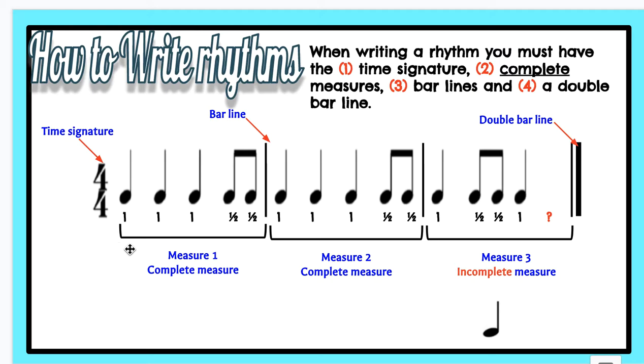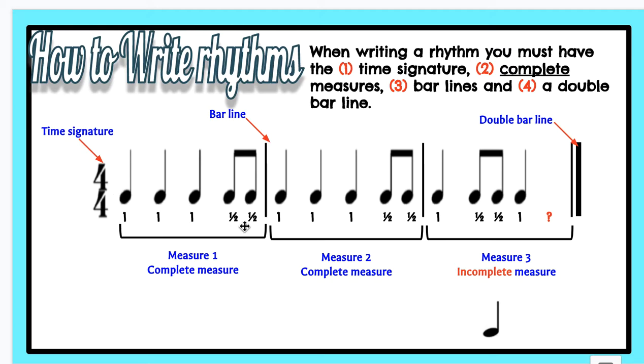And this is what a complete measure looks like. So our time signature is 4/4. That means whatever kind of rhythm we place here, it must add up to 4 beats. And remember, the bottom number is a 4, so it means that our crotchet, that's this note here, or quarter note, represents 1 beat.